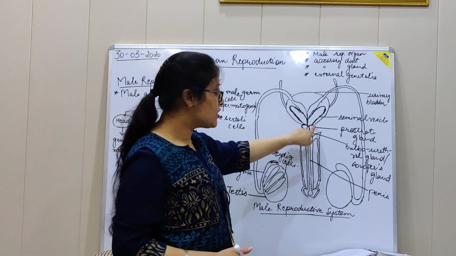These three give their secretion. They provide an alkaline medium, approximately 7.4, and provide nutrition, calcium ions and fructose. That is, it forms semen that provides the way for the transport of sperms out of the male reproductive tract.